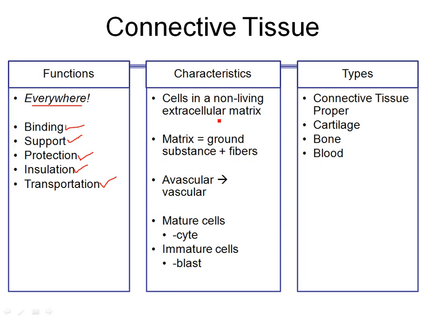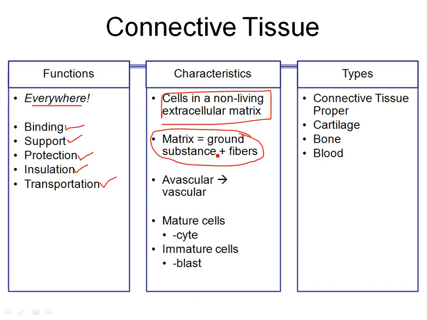What makes connective connective is it is cells in a non-living extracellular matrix. It's cells in some stuff that they made. The stuff that they made, that matrix, in turn, consists of ground substance and fibers. Fibers are proteins, and ground substance is the background material.